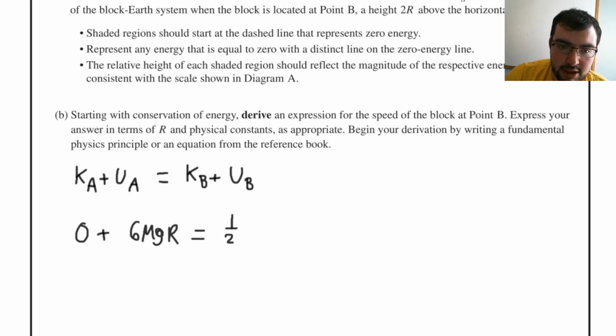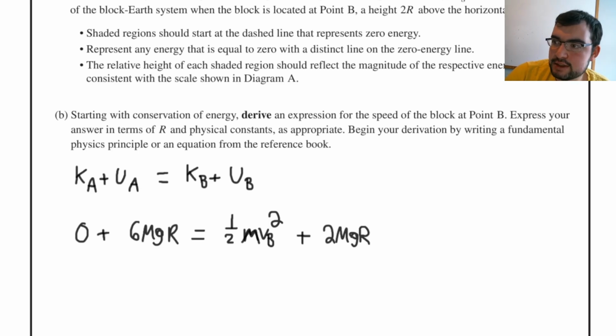Kinetic energy at B, we don't necessarily know what that is yet, because we got that unknown variable. And I should make my m's match here. And then plus the 2 mgr from earlier.